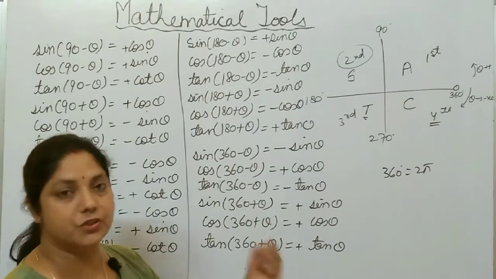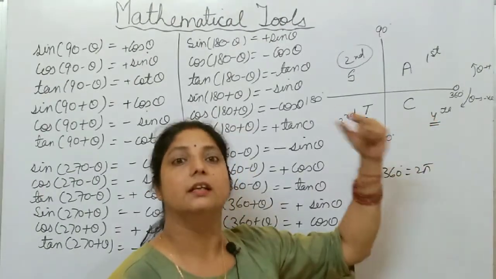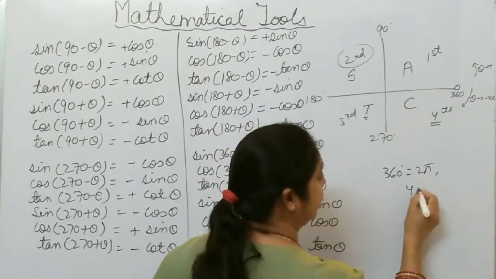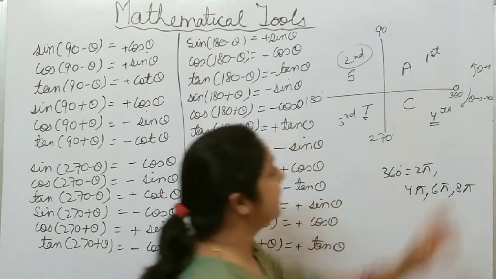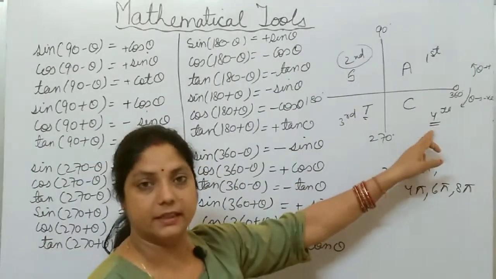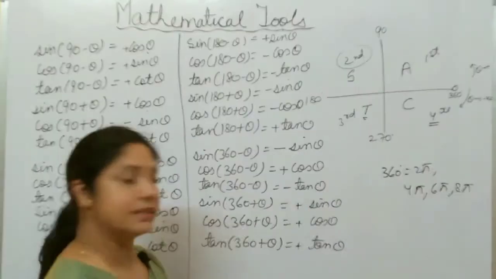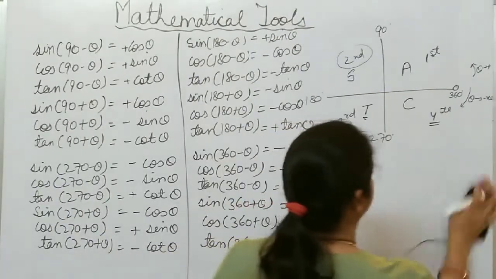It does not change. Then again next circle, next 2 pi, it means 4 pi, right? Then 6 pi, 8 pi. After completing one complete circle, it means 2 pi radian angle, the values remain the same, right? So you can write in this way, okay?